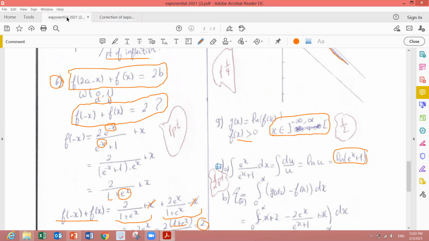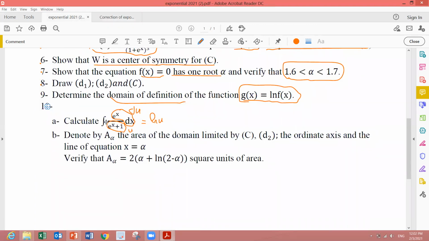The last part about the calculation of area. Part B, denote by A(alpha) the area of the domain limited by C, D2, and the ordinate axis, the ordinate axis meaning x equal to 0, and the line of equation x equal alpha.